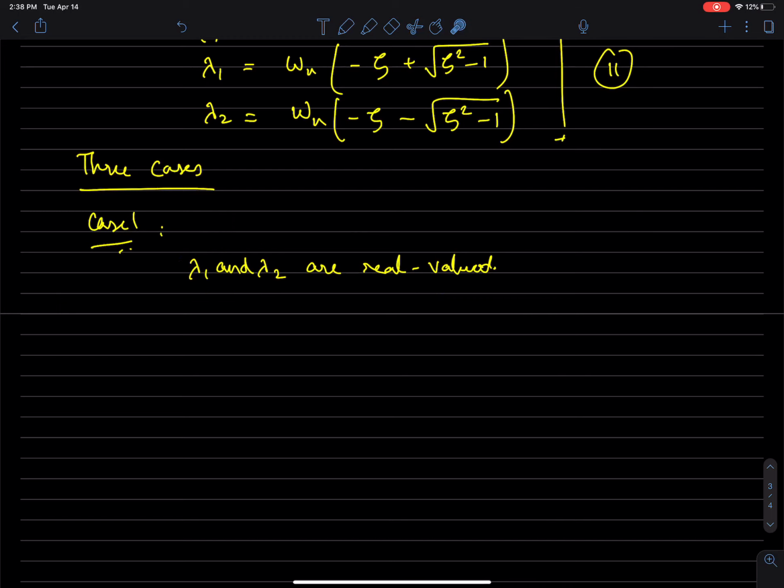So case 1 corresponds to zeta square minus 1 greater than 0, or zeta is greater than 1. This case is called over damped.